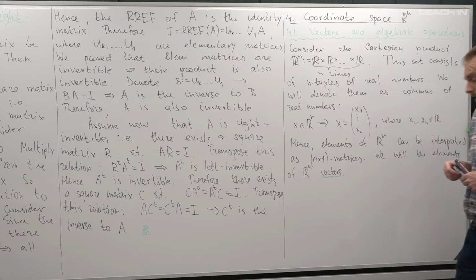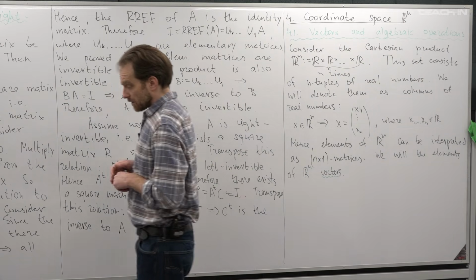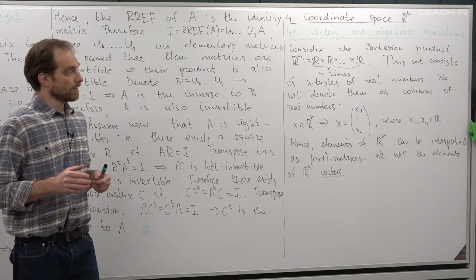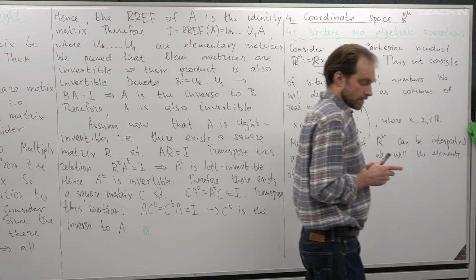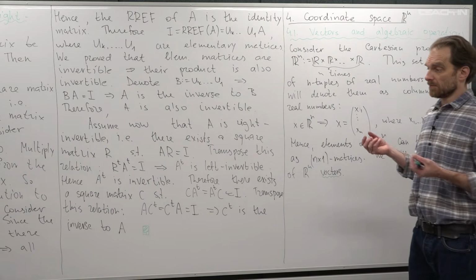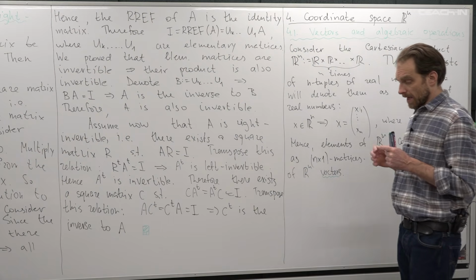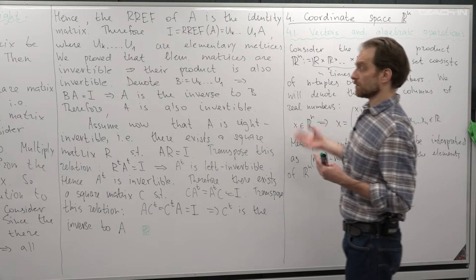Just because if we consider the case when n equals 2, then we get just the Cartesian plane, and so every vector on the Cartesian plane has 2 coordinates, so it can be interpreted as a pair of real numbers, and so this is a vector with 2 components.